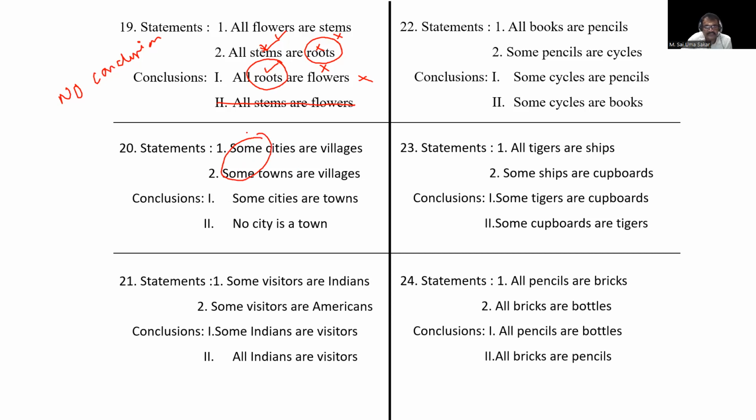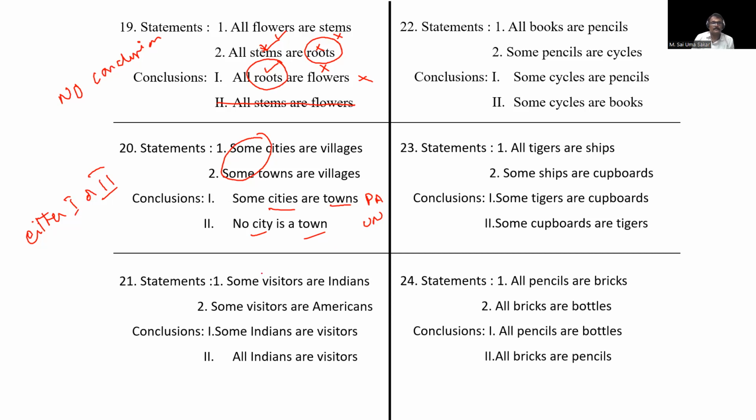So since mediate is not satisfied, only a complementary pair may exist. Here, this one is particular affirmative and this is universal negative, satisfied, and city and town are also satisfied. Then what happened? Here either one or two is the required answer.